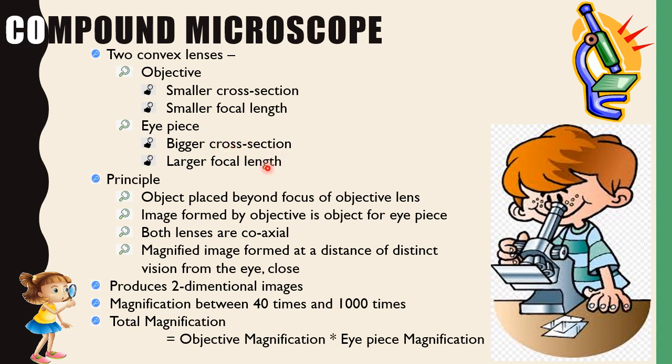Now, what is the principle by which the compound microscope works? We place the object beyond the focus of the objective lens, that is, the specimen is placed on this platform and the image is formed by the objective. But that image formed by the objective is the object for the eyepiece. That means the specimen is placed on the platform, refraction occurs, and the convex lens at the objective makes a magnified image of the specimen.